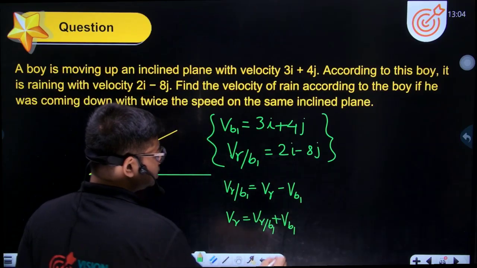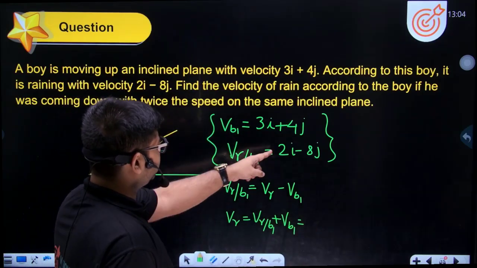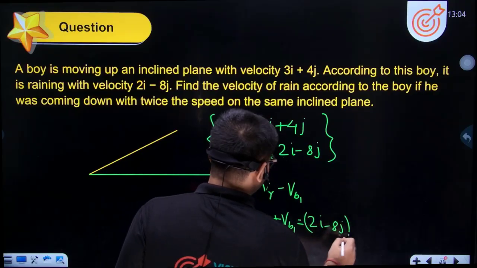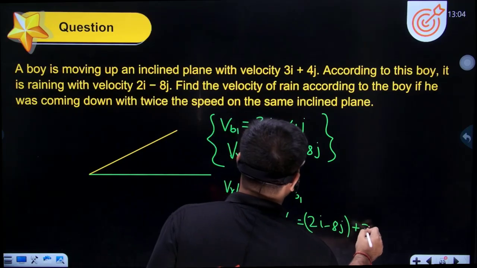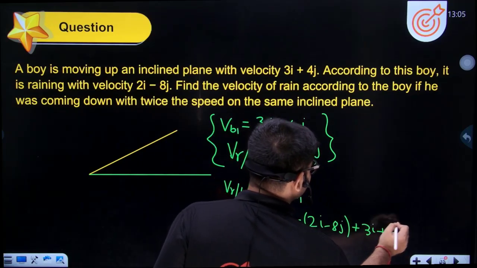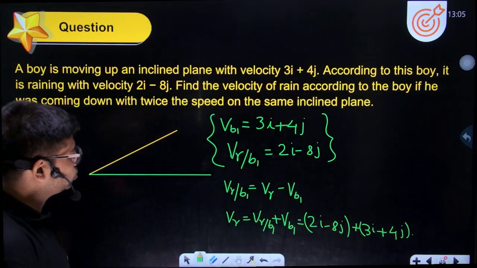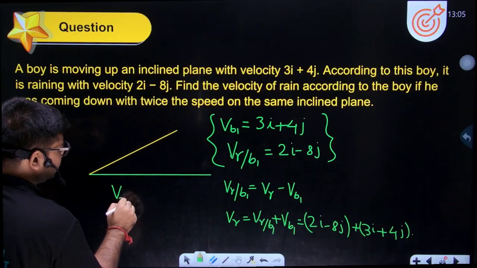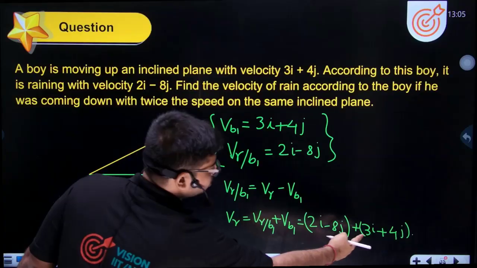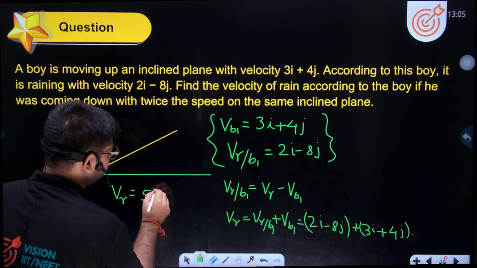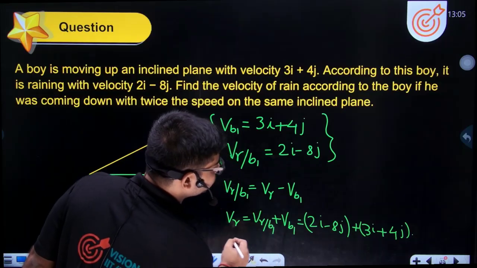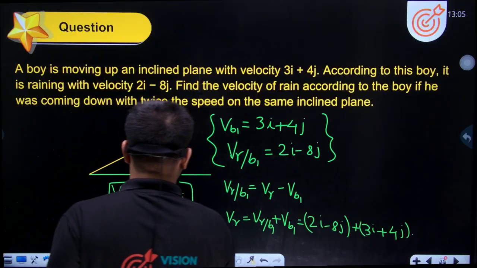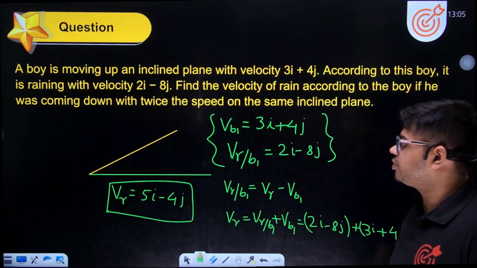VRB1 is 2i minus 8j, and VB1 is 3i plus 4j. So the velocity of the rain is 5i minus 4j. This is the velocity of the rain that you have got.